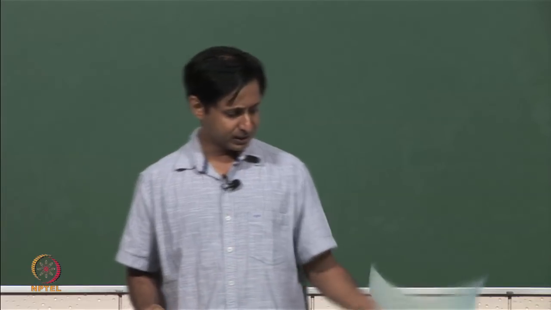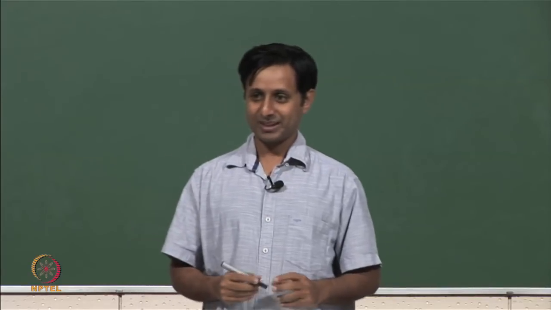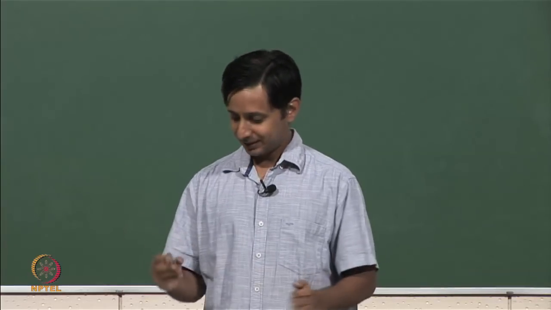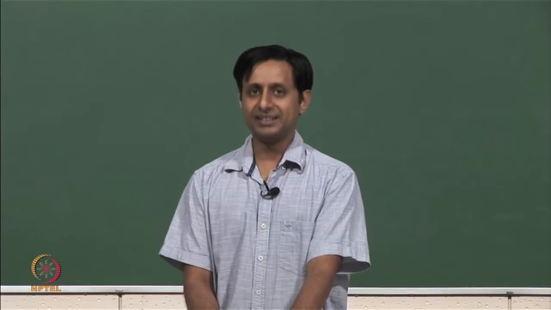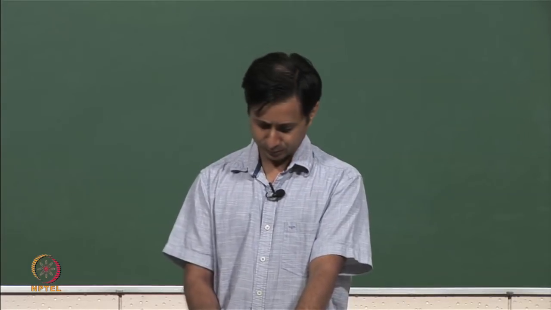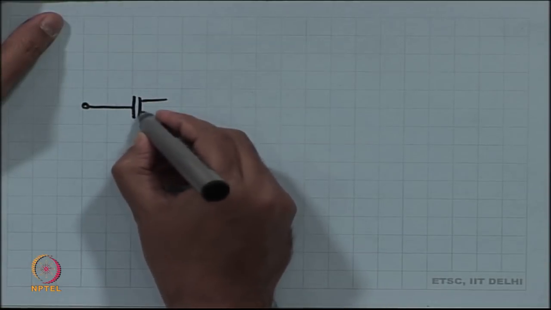Now, you would think that the cascaded amplifier is easy, it is not. So, let us just draw one, and the DC stuff is very easy. So, we will quickly do the DC stuff and then move on to the AC.